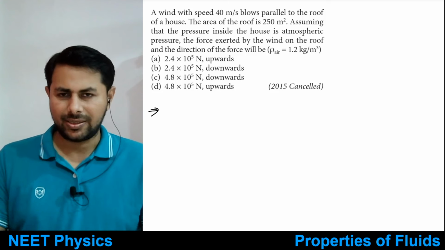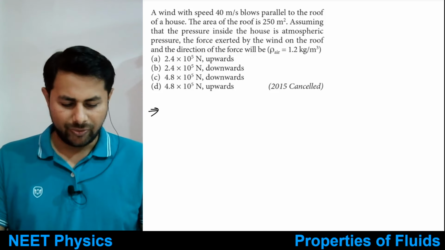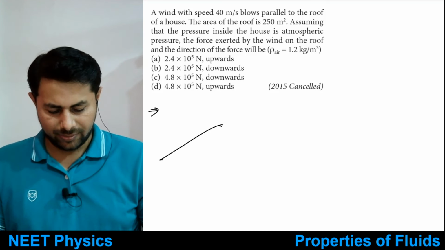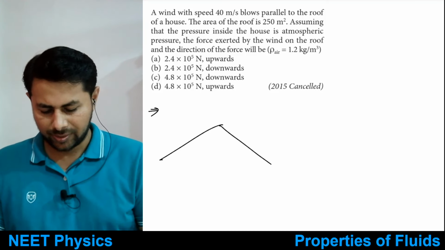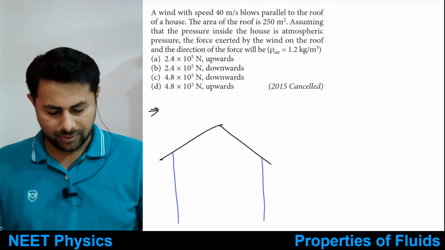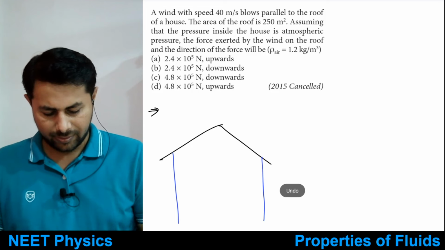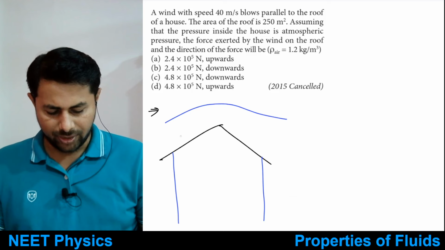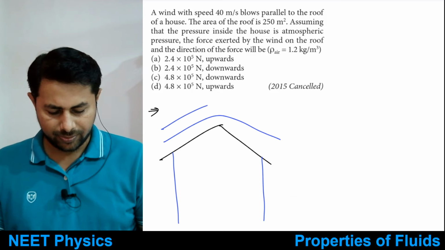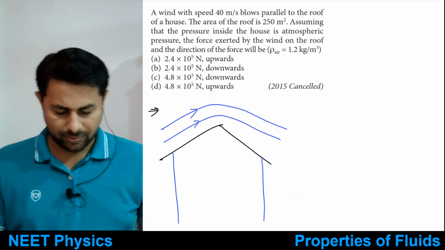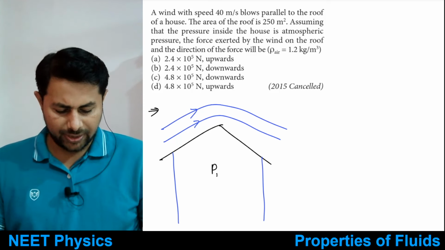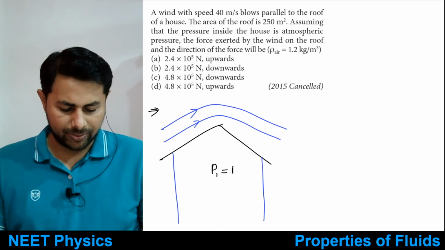So pressure inside the house is atmospheric pressure. What would be the pressure outside? This is the house. Wind is blowing like this, parallel to the roof. So you can say pressure inside is P1, that's equal to atmospheric pressure.